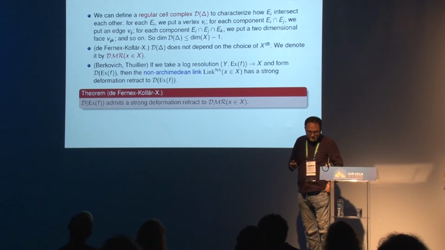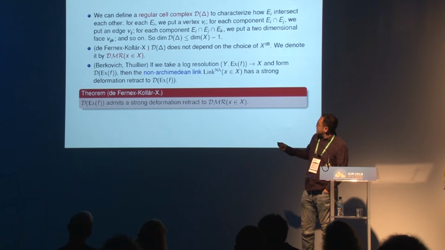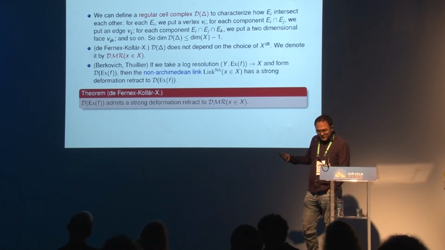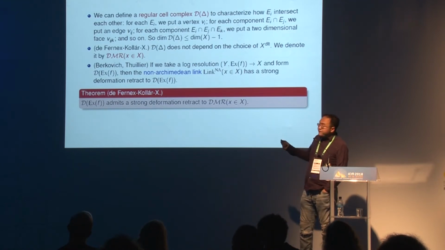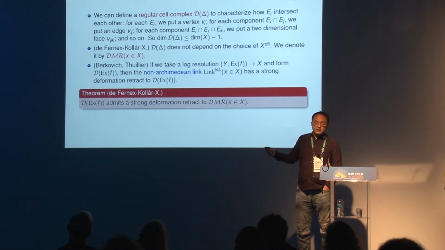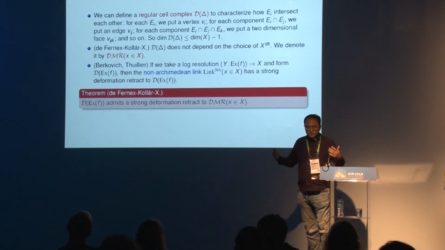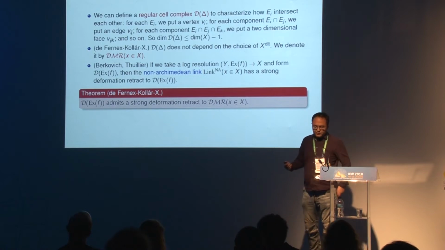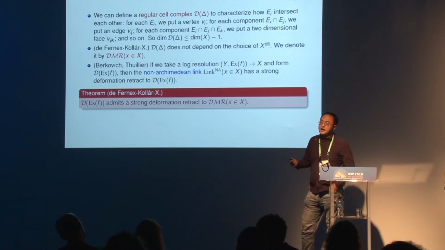And so then it's a proposition proved by de Fernex, Kollár, Xu, and myself that for different choices of the dlt modification, indeed this dual complex is always the same. Because although we may have different dlt modifications, when I choose a common model and pull back the log canonical class, they are the same.